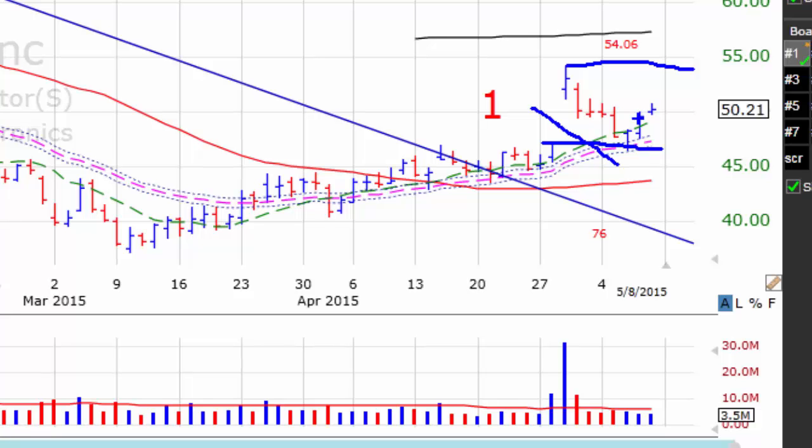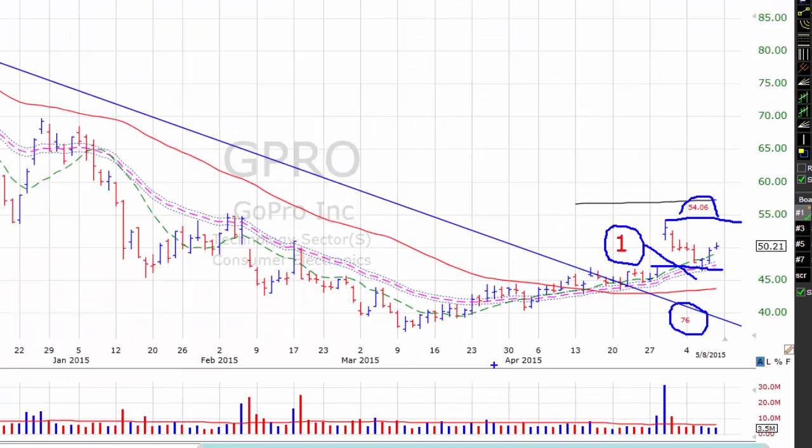GoPro is currently actually not really in a base at all. I have put a first stage base here, but we really have not set any type of a basing formation at all. This is simply a bottom fishing expedition. GoPro gets a 76% checklist rating, and as mentioned before, we have a buy target of $54.06.